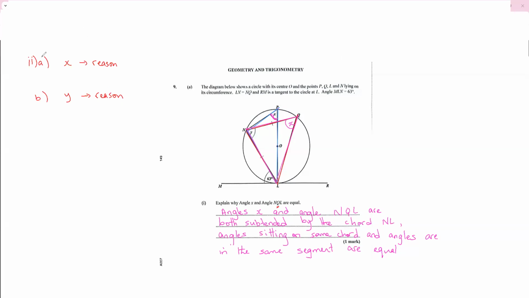All right. So for part 2, part A, they ask you to find out what is the value of x. Now, we have to look at it in terms of what angles we have surrounding it, right? We want to know what rules we could get from this.